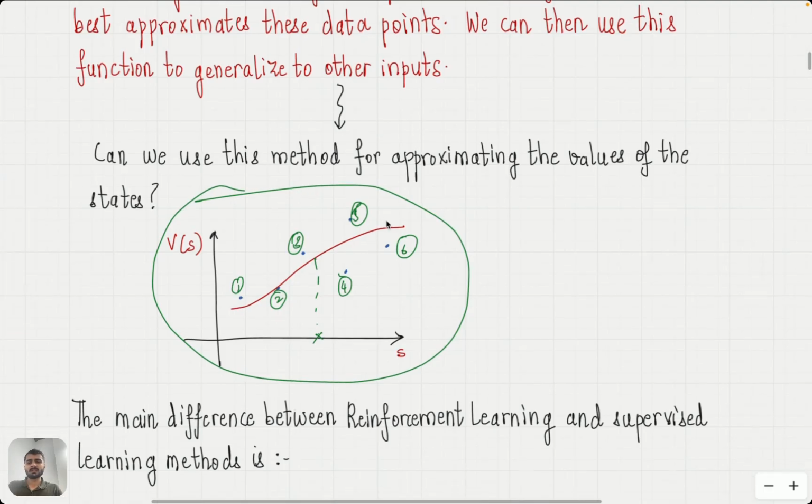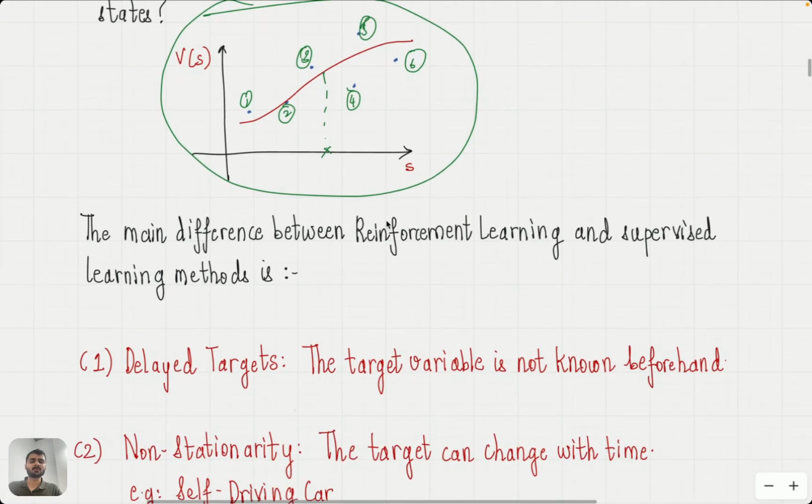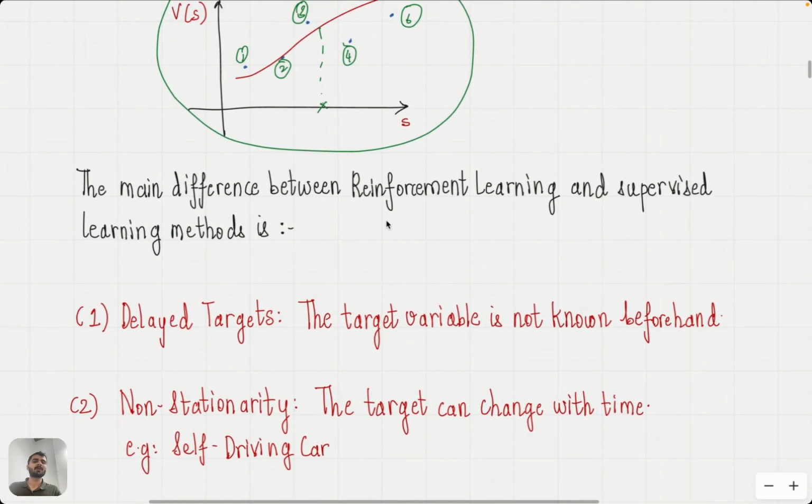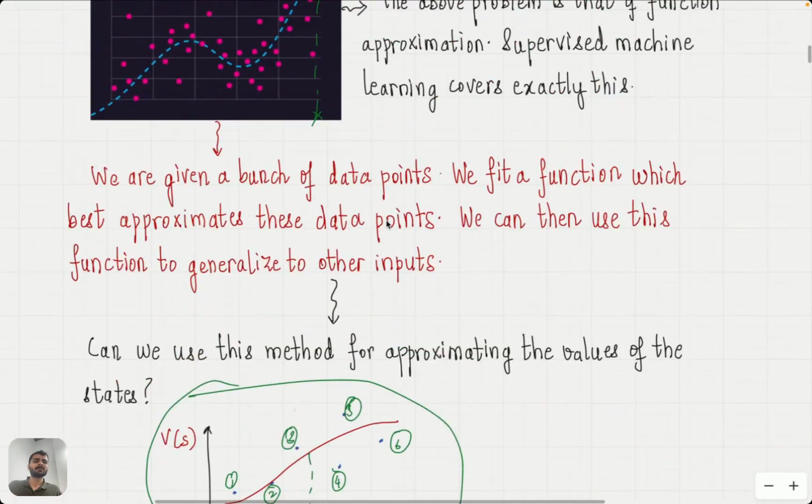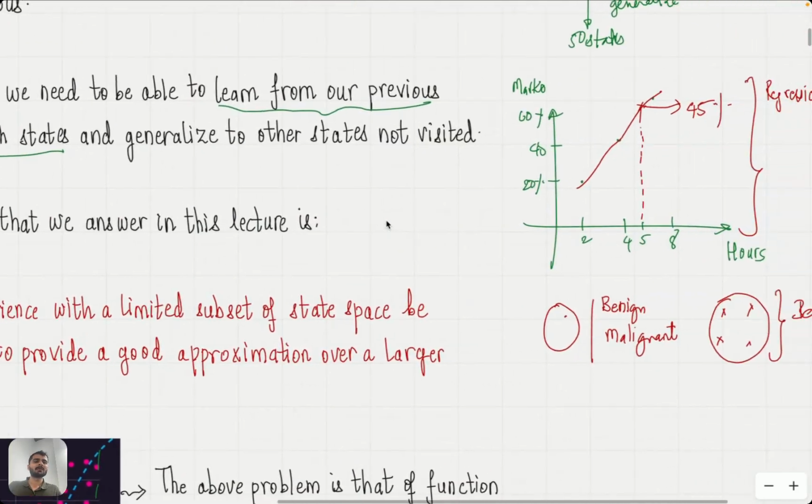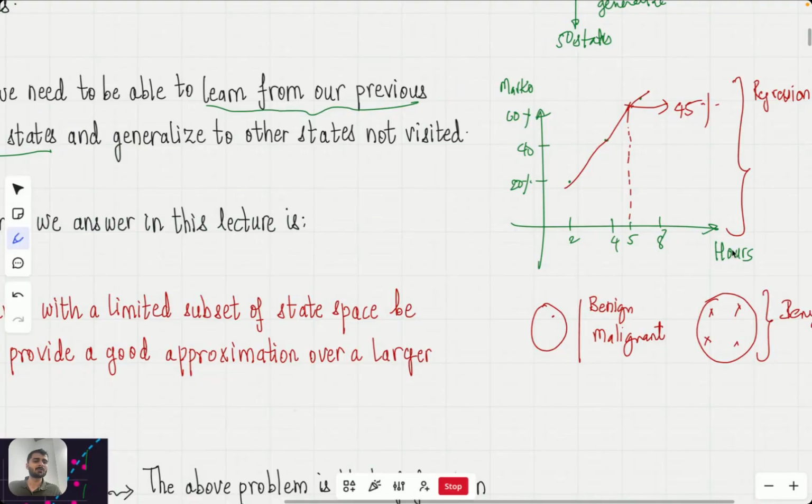Now, the main difference between reinforcement learning and supervised learning methods is that in reinforcement learning, the target function is not known beforehand. For example, remember when we looked at the hours studied by the student and the marks they got, this is the target function, and we know this target function for a certain number of points, right?